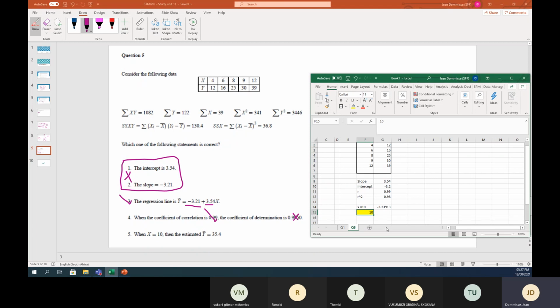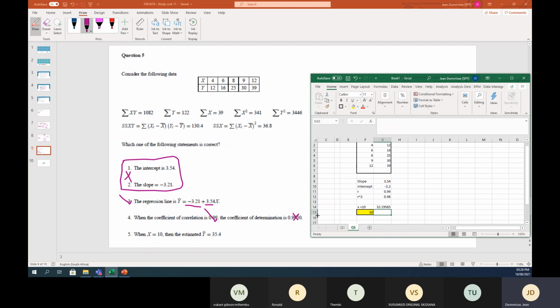Okay, so that was the 10. So let's just quickly check. We've got the intercept plus the slope times 10.